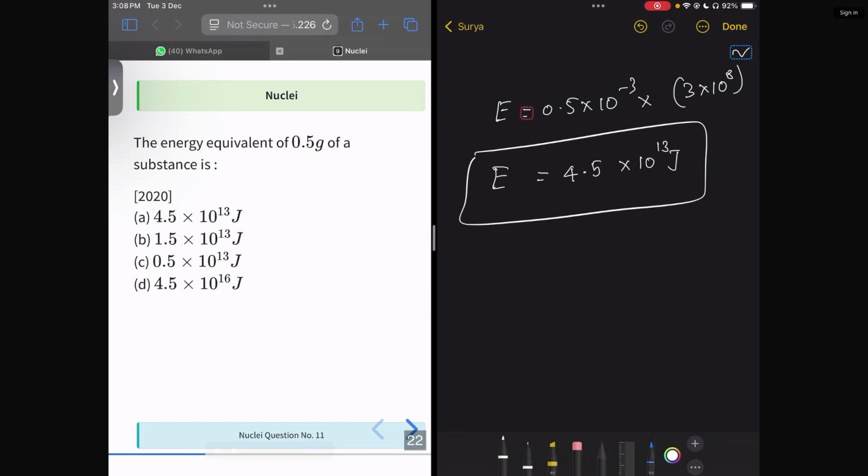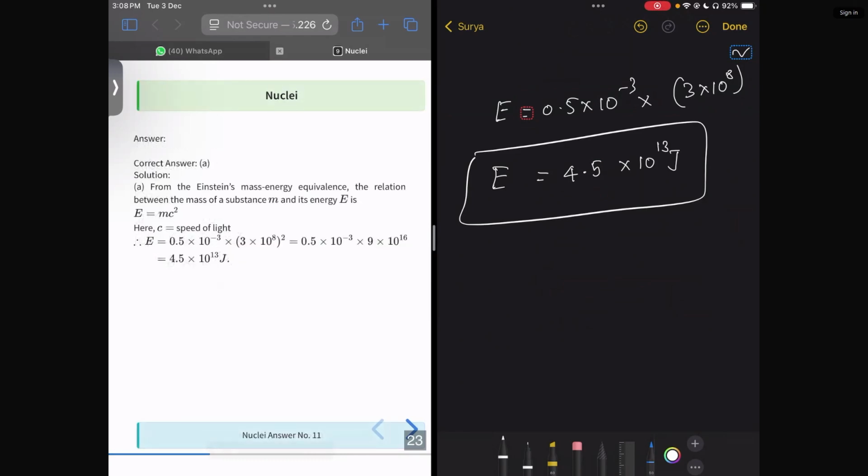Next question. The nucleus of a uranium decays at rest into nuclei of thorium and helium. Then what will happen? The helium nucleus has less momentum than the thorium nucleus, or the thorium nucleus has more momentum.